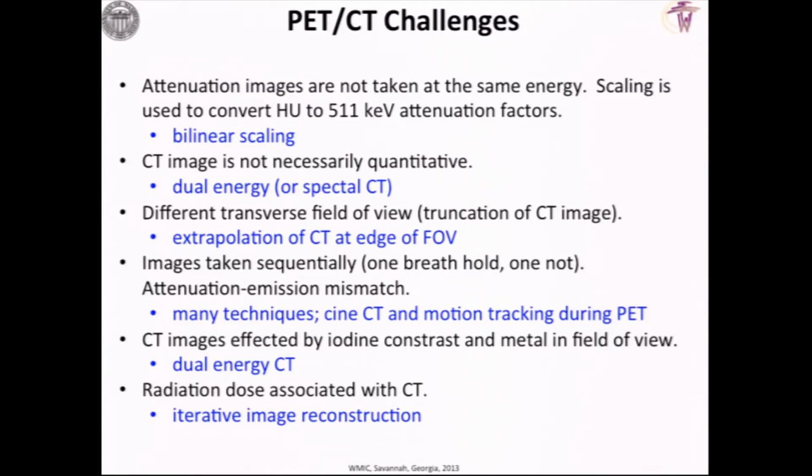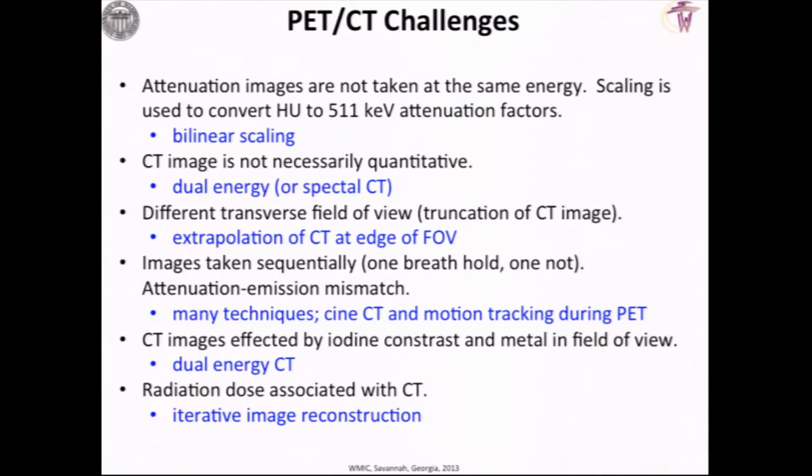The CT image is not necessarily quantitative, so there's research in doing dual energy CT, where you take CT images at different energies, and by using that information, you can create basis functions to get a more quantitative estimate of the attenuation of the CT image.